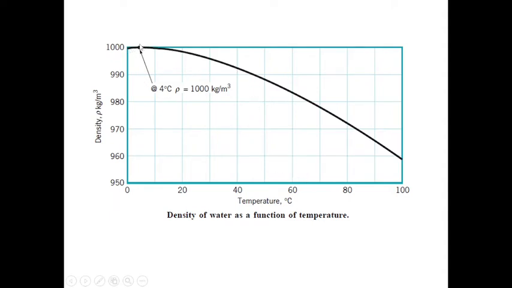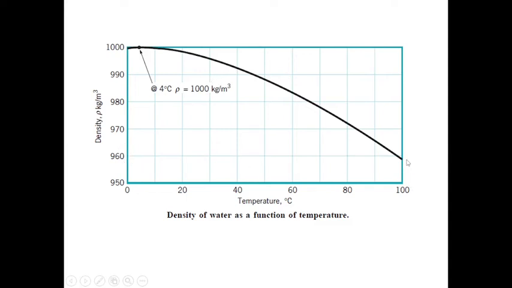Kasi initially, at 4 degrees Celsius, malamig na temperatura yan. Yan ang standard na gagamitin natin. At 4 degrees Celsius, ang temperatura ng tubig ay 1,000 kilo kada cubic meter. Yan ang standard. At habang yung temperature ay nag-i-increase, nagkakaroon ng pagbabago sa kanyang density. From 1,000, kung 100 degrees Celsius yan, ibig sabihin, below 960 kilogram per cubic meter.